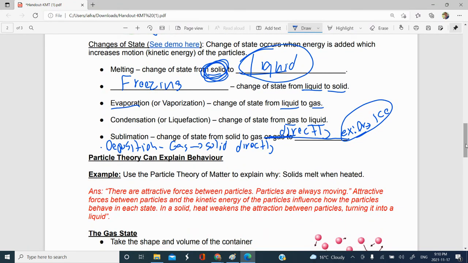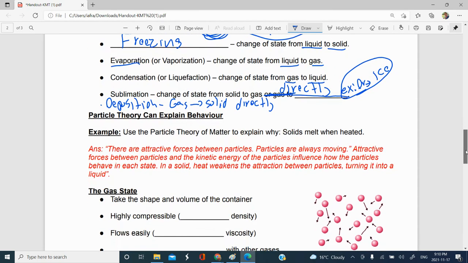And I know that was a little bit quick, but you've seen that quite a few times. Just make sure you do a brief overview of it so that you understand it. And then lastly, we said that you should be able to answer questions related to particle theory or related to behavior of matter, and use particle theory to explain that behavior. So if I ask you to explain why something melts, or maybe why something evaporates, can you talk about the fact that the particles are gaining energy, for example, when something melts?